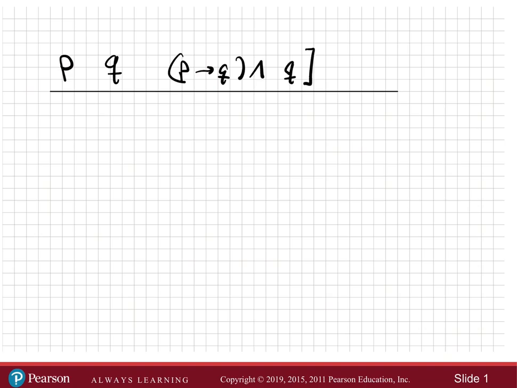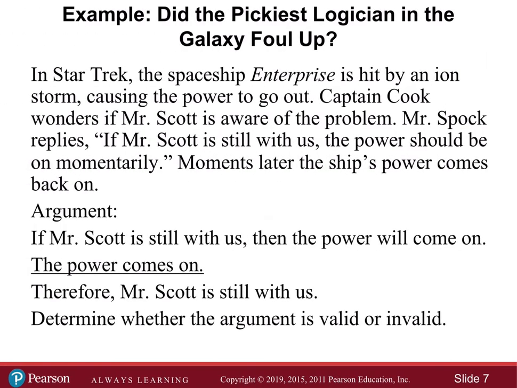We could say P and Q. And it looks like we have P implies Q and Q. Therefore, all of this together implies P. I think that's how it goes. Let me look at it again. Mr. Scott is still with us, and the power comes on. The power comes on, therefore P. Right?